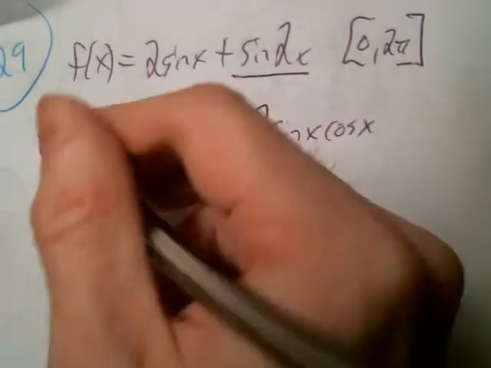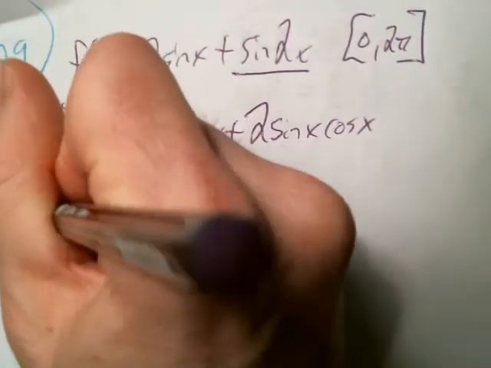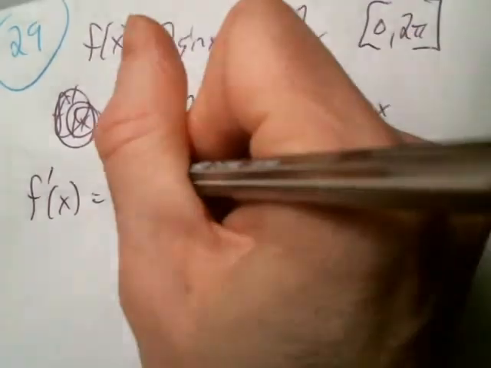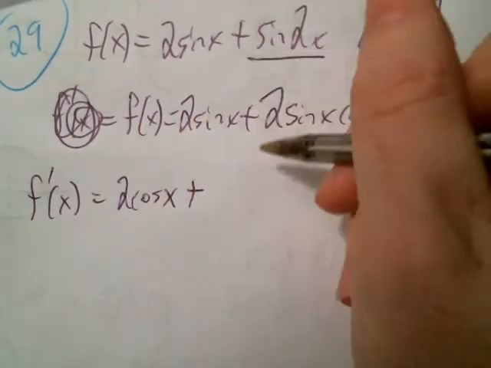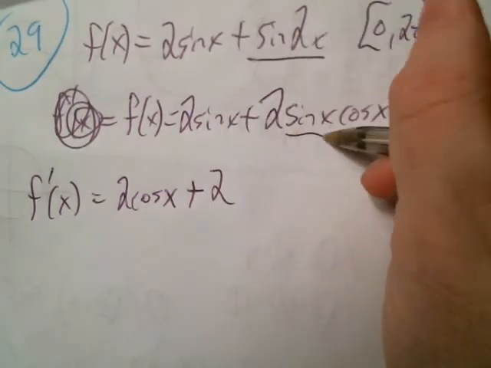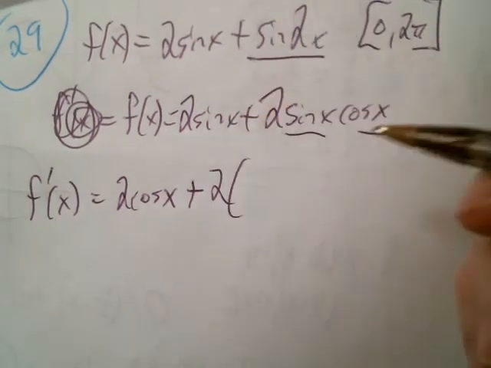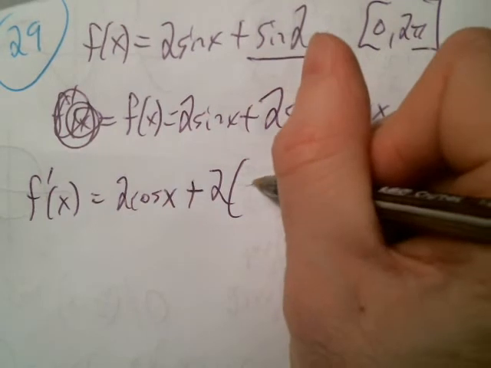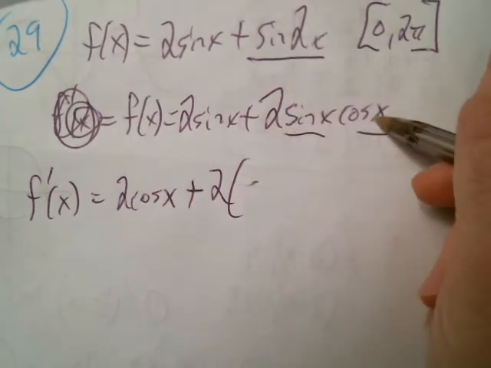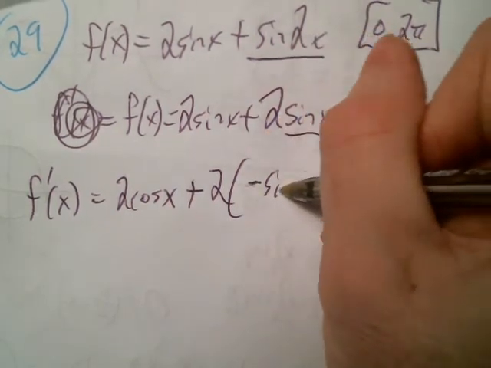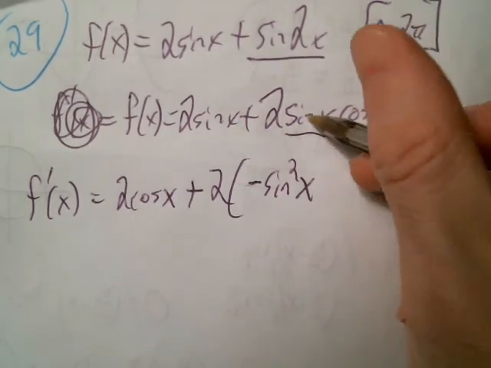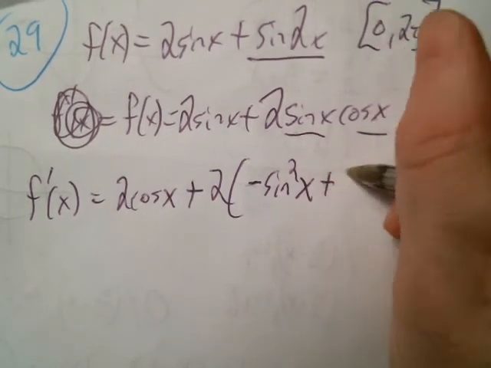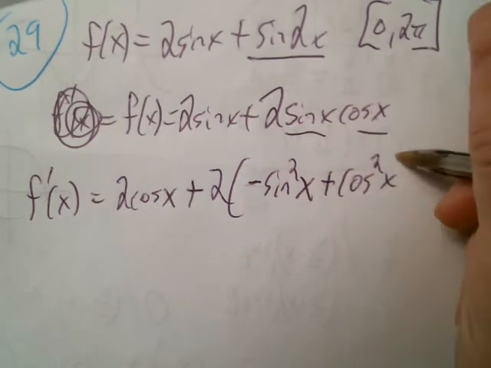I don't do that one every day, but f prime of x is going to be 2 cosine x plus 2, and then I need a product rule on this thing. So I would have sine x times negative sine x would be negative sine squared x, and then cosine x times cosine x, plus cosine squared x.